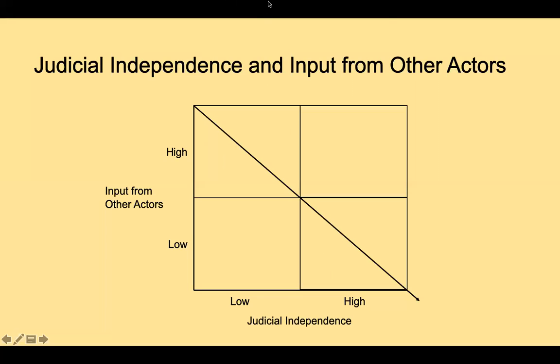Now, before we continue, do you think that the US Supreme Court represents an independent judiciary or a dependent or less independent judiciary? Jeffrey says independent. What do the rest of y'all think?